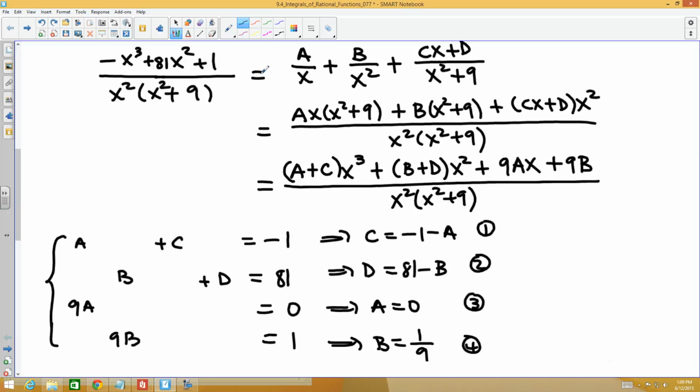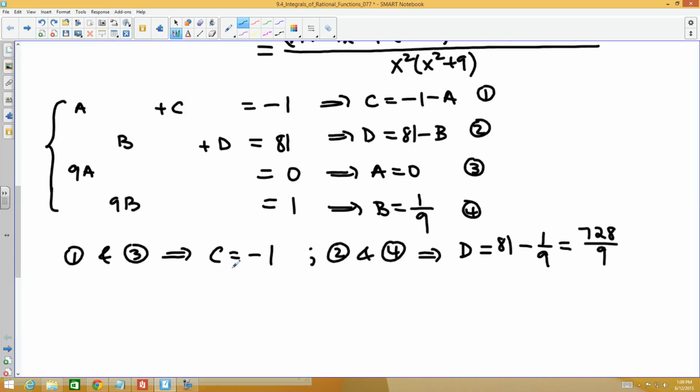And 9b has to be 1. So b is 1/9, a is 0. Solving for c, we get c is negative 1 minus a, which is negative 1. And d is 81 minus b, that means 81 minus 1/9. Solving, we get c is -1, d is 728/9.